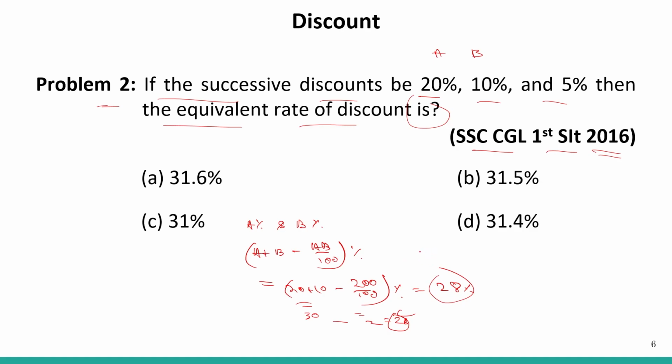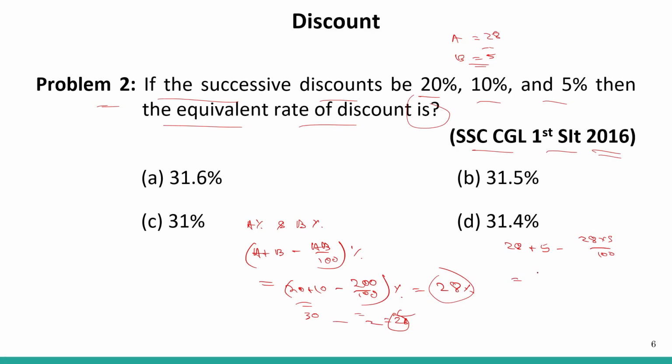Now we have a successive discount of 5%. So let's treat A as 28 and B as 5, and evaluate again. A plus B is 28 plus 5 minus 28 into 5 by 100, this much percent.